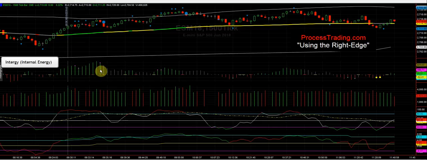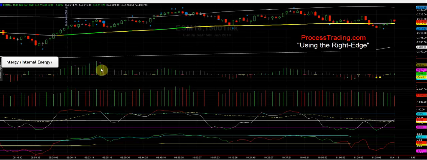So I want to show you how you can read the Intergy indicator and why it is a better proxy for volume, and then you won't need to read volume.